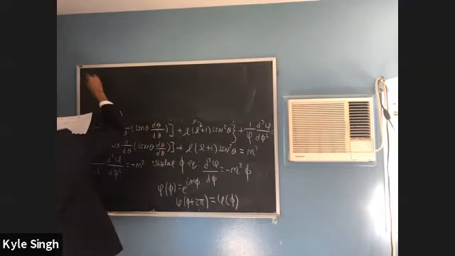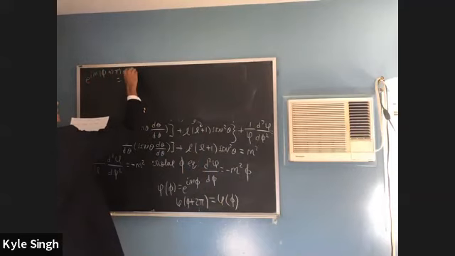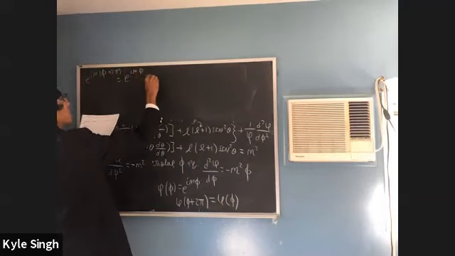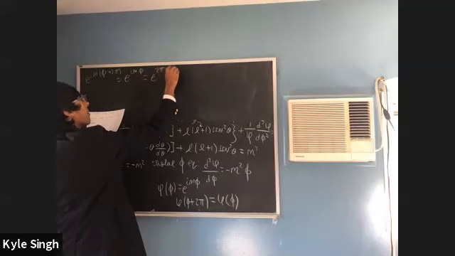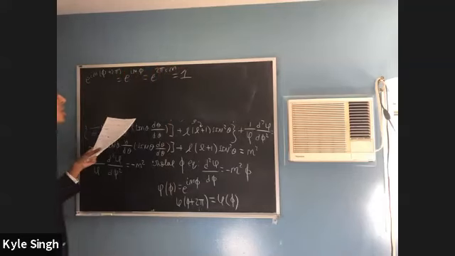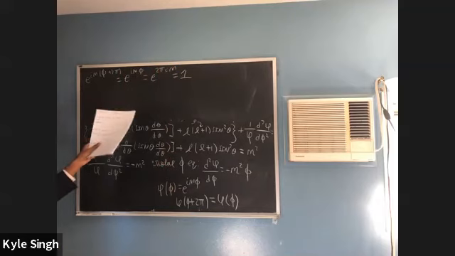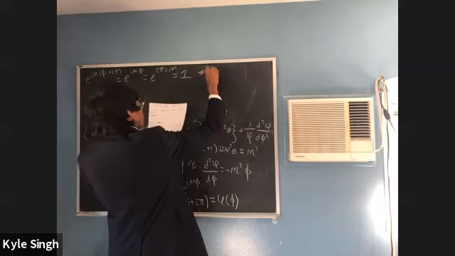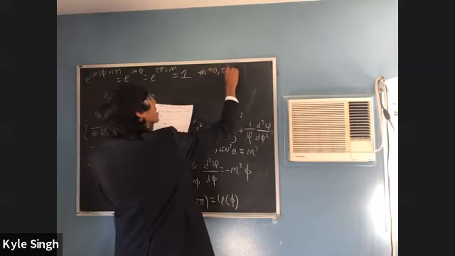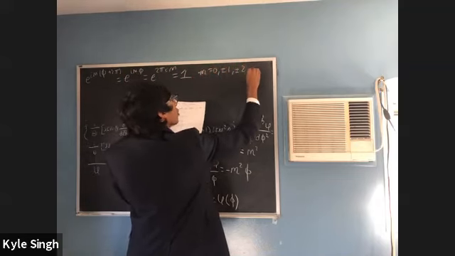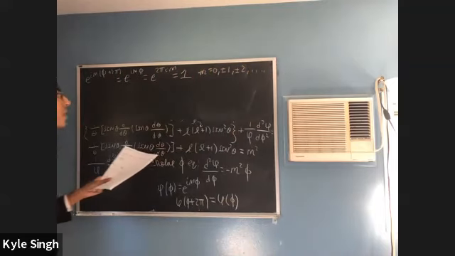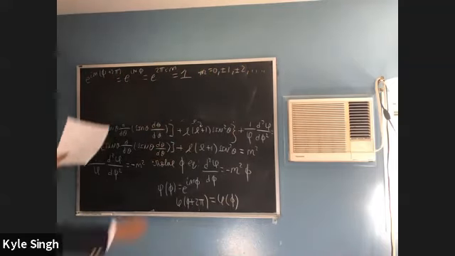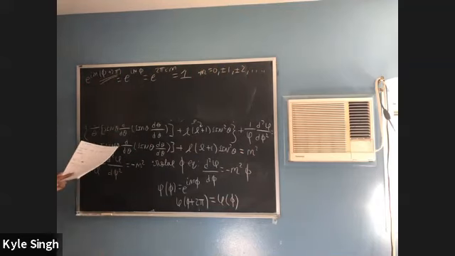So now I can rewrite my solutions like this: e to the i m (phi plus 2 pi) equals e to the i m phi, so e to the 2 pi i m equals 1. They're all going to bring me back to the same point. And therefore, m could be any of these integer values. m could be 0, plus or minus 1, plus or minus 2, and so on and so forth. It takes all these integer values because of the periodicity of my angle, phi.